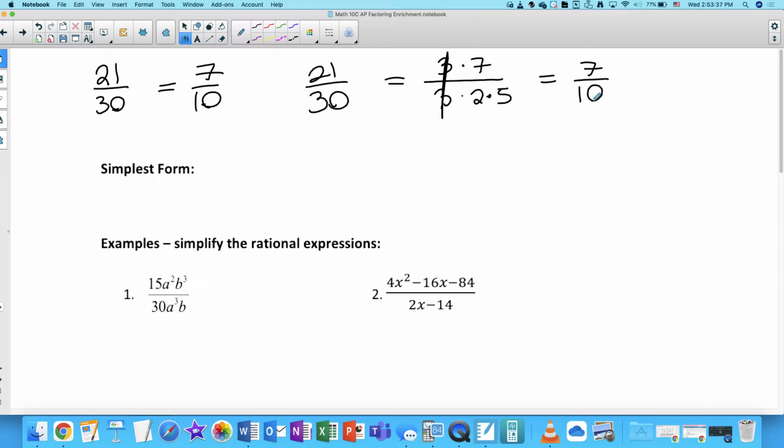OK? But with rational expressions, we don't always have the luxury of asking what the factors of this polynomial are, and what the factors of that polynomial are, and working that all out in our heads. So when something is written in simplest form, either a fraction or a rational expression, it's when the numerator and denominator have no common factors other than 1.